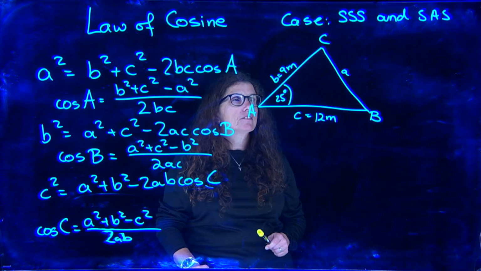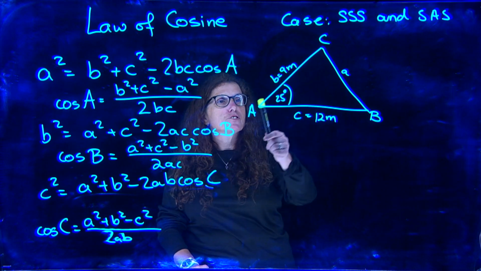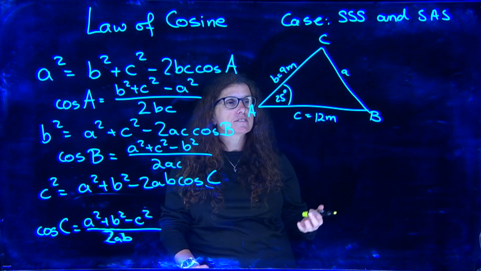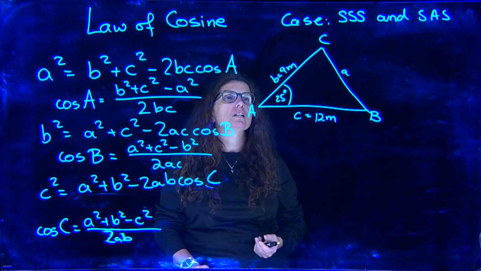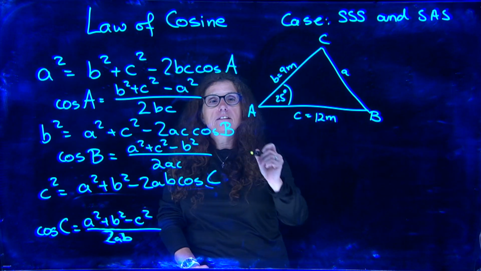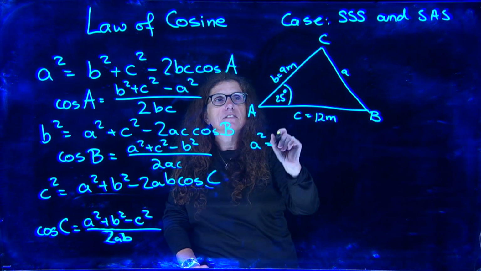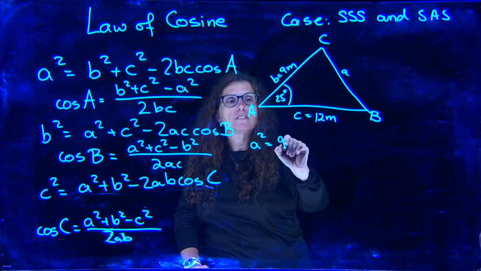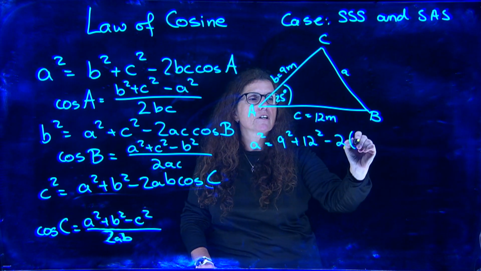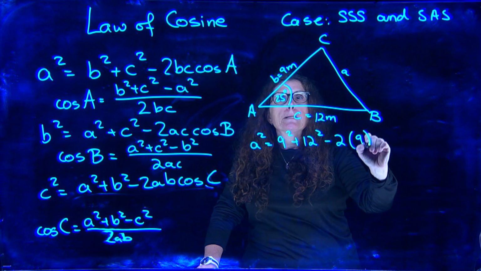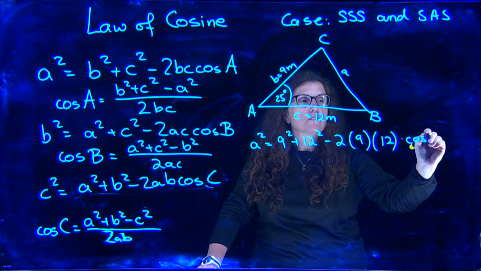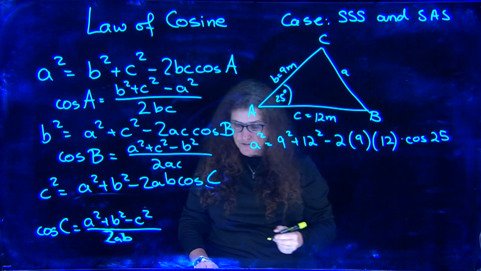Now let's take a look at an example where we have two sides given and the angle in between. That is a case when we also have to use the law of cosine. So let's find A. A squared equals 9 squared plus 12 squared minus 2 times 9 times 12 times the cosine of 25 degrees.